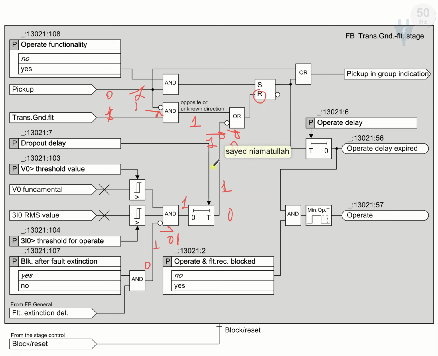And we can understand now that whenever the dropout delay passes and this threshold value reduces below the threshold values, it will reset. Or it may be due to unknown direction determination, or the opposite direction, that it will reset. In the next session, we will discuss all these values for transmission line settings.